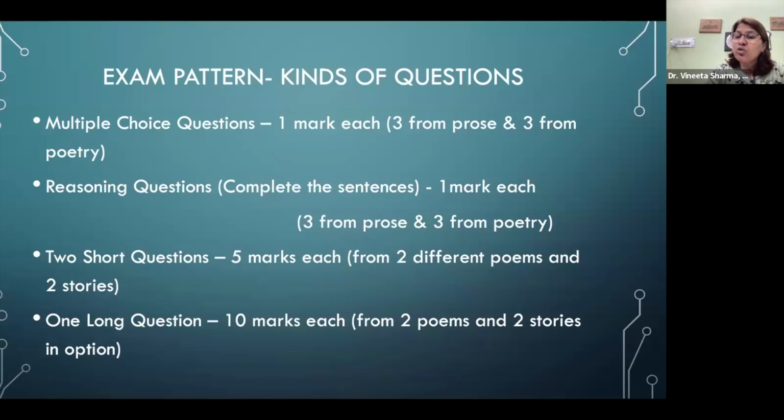Out of them, 2 stories have compulsory questions for 5 marks, and 2 stories will be asked in the option for 10 marks. Same goes with the poems. In total, 4 poems will be asked, with 2 compulsory questions of 5 marks each, and 1 long question which will be optional. Okay, you'll be given a choice in that.